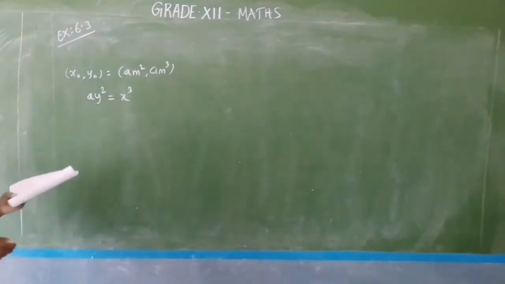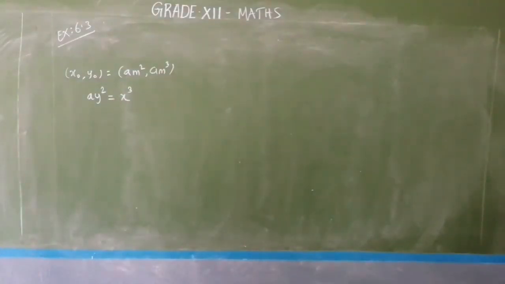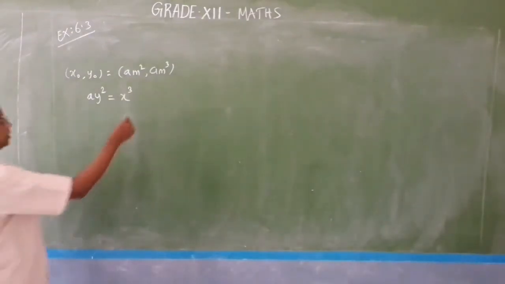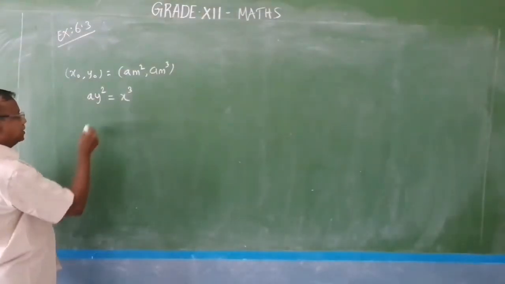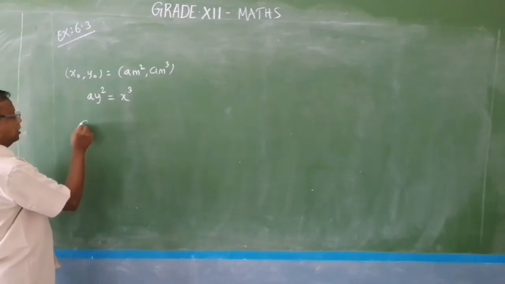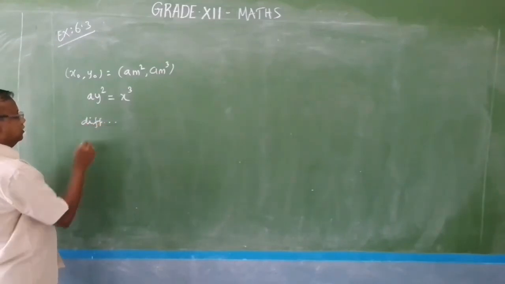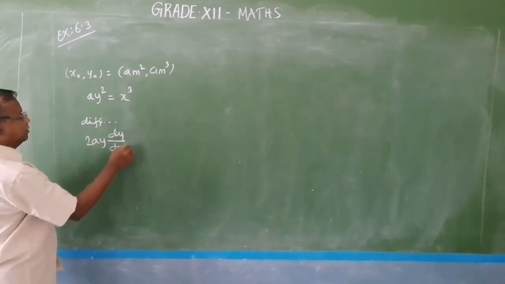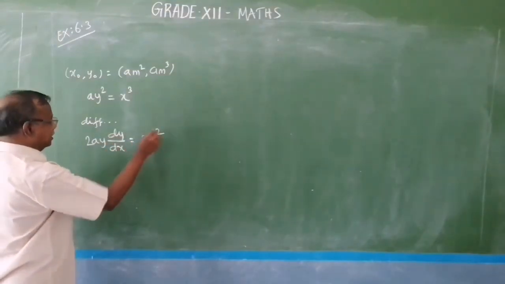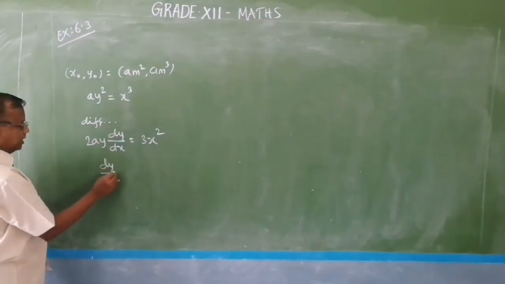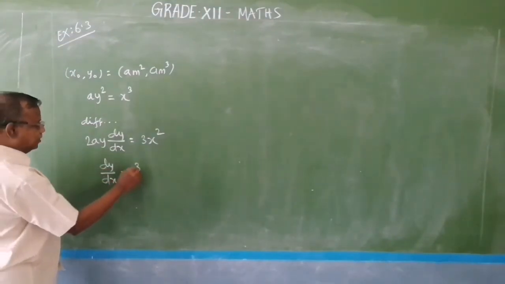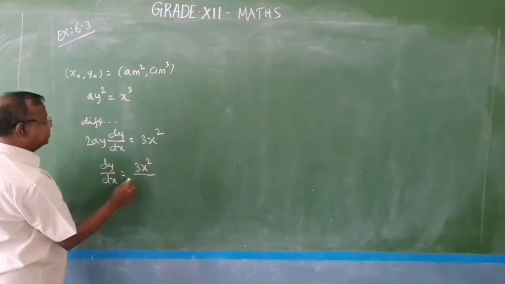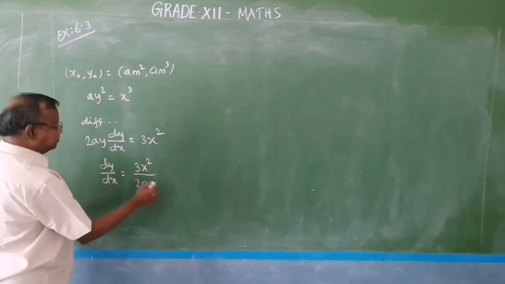We are asked to derive the equation to the normal. Now say this is the equation of the curve given. Differentiating the above curve, we have 2ay into dy by dx equal to 3x square. That means dy by dx equal to 3x square divided by 2ay.